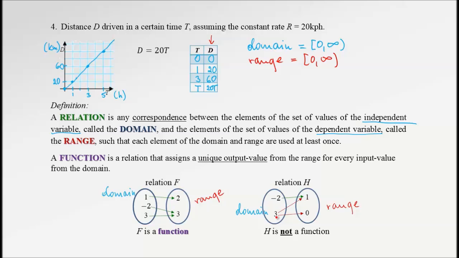This relation is not a function because for the input 3 from the domain of the relation, we have two values assigned to it. We have 1 and 0. So such a relation is not a function because we don't have this uniqueness of assignment.